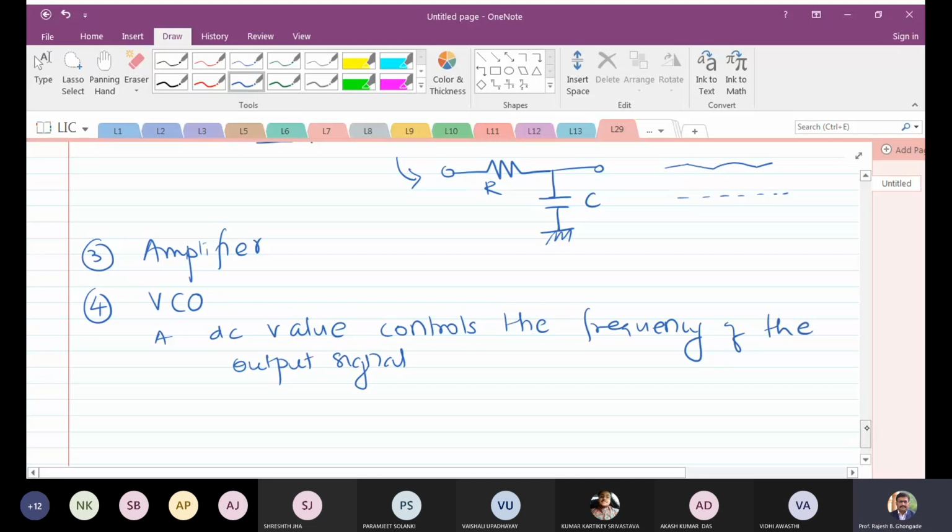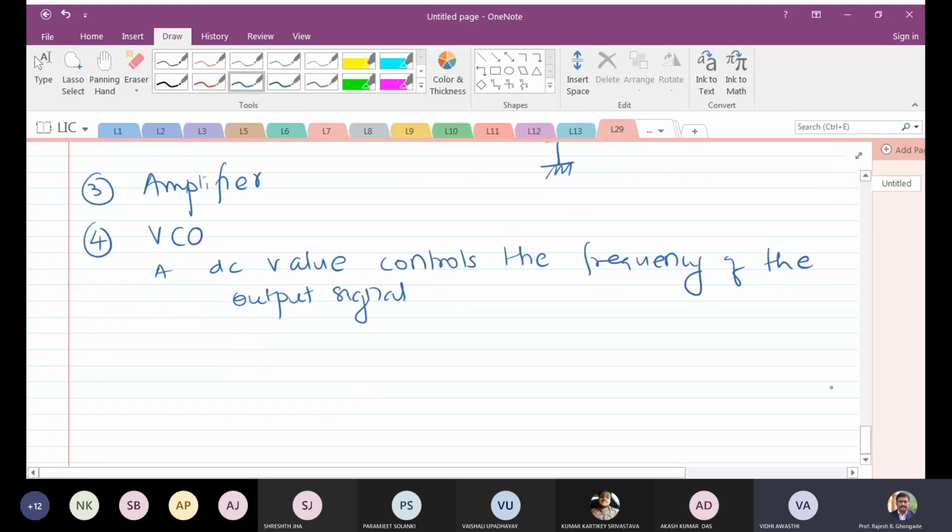VCO also has one factor called K naught. It is the change in output frequency with change in input voltage.